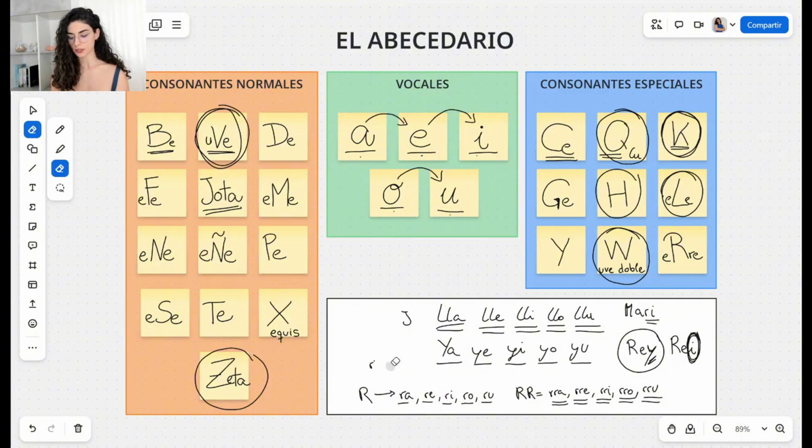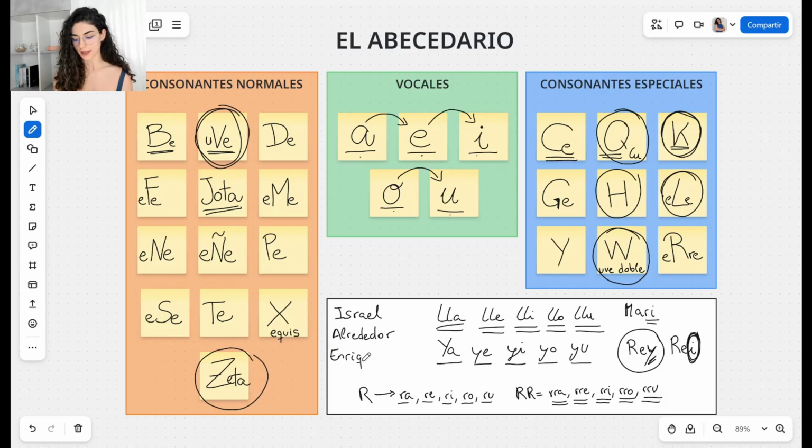Although there are some situations in which you may see this consonant alone, but it is pronounced like a strong one. So you just need to remember three keywords to remember this rule. Those keywords are Israel, alrededor, and Enrique.